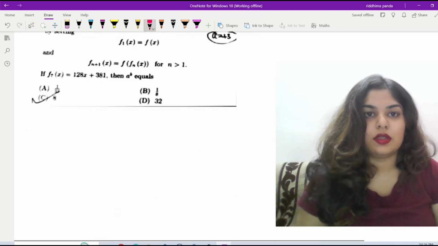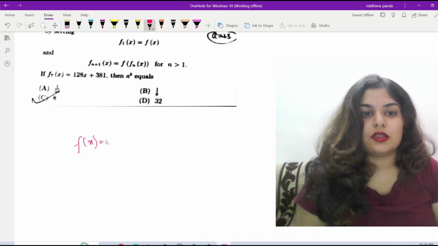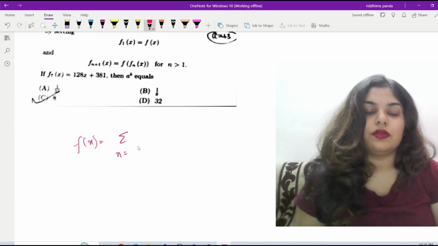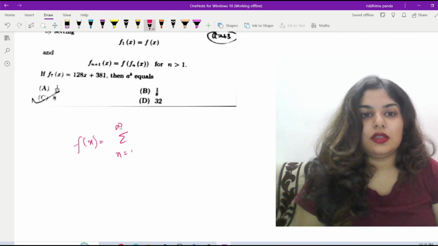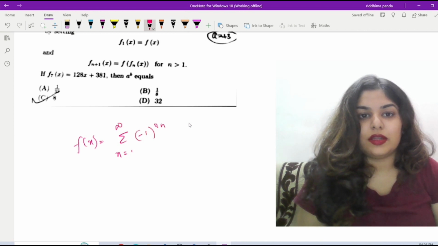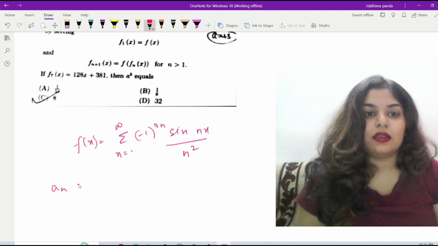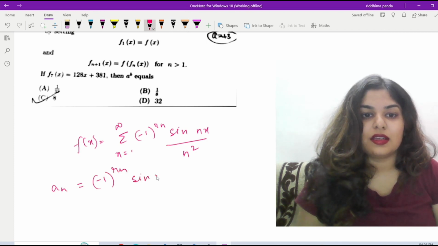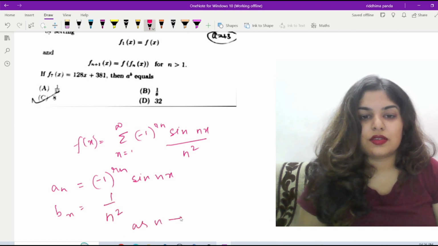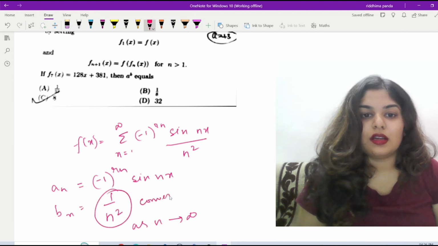Let's write down the expression: f(x) is equal to summation n equals 1 to infinity of (-1)^(rn) sin(nx) / n^2. Now here let a_n be represented by (-1)^(rn) sin(nx) and b_n be represented by 1 by n^2. As n tends to infinity, it is very clear that b_n will converge.